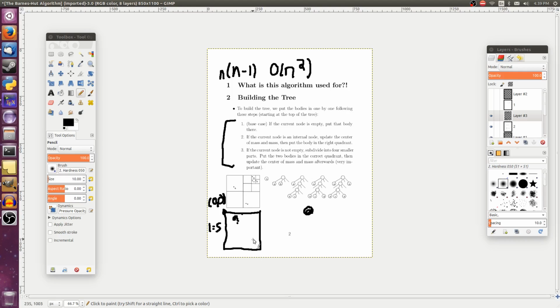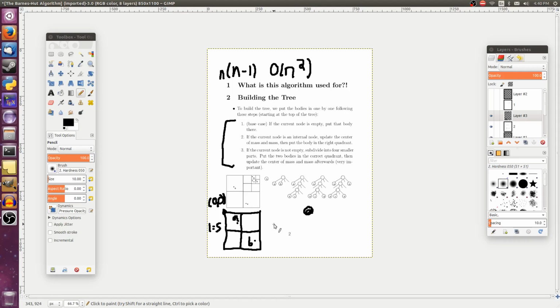For example, if we put another body in here, we want each node to only contain 1 body. So each time we have 2 bodies in 1 node, we want to subdivide, which I'll elaborate more on in just a second.